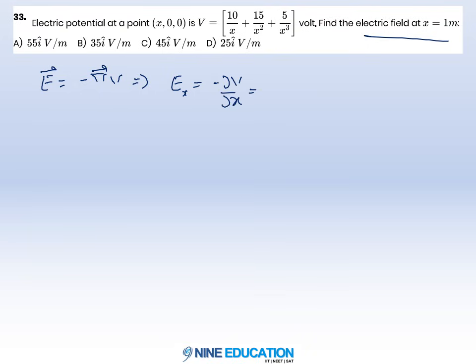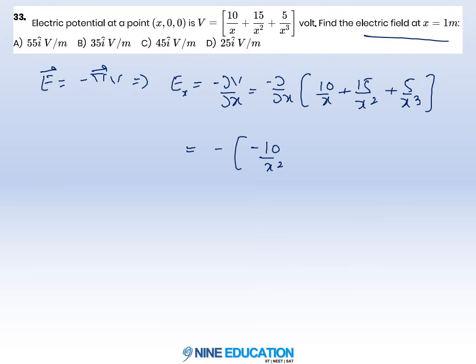So just differentiate it. On differentiating, what you will get, from 10 plus x, 15 upon x square plus 5 by x cube, you will get minus 10 by x square minus 30 by x cube minus 15 by x power 4.